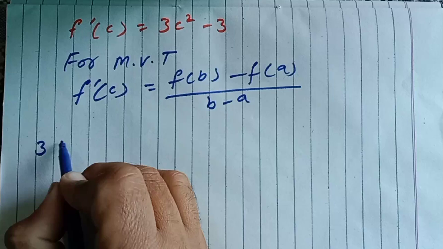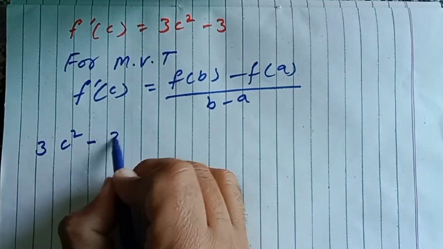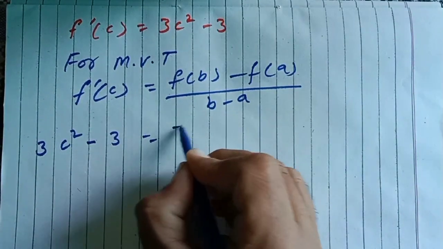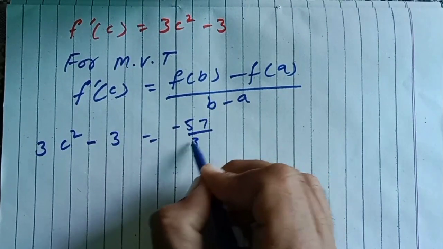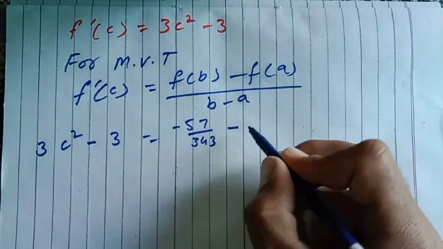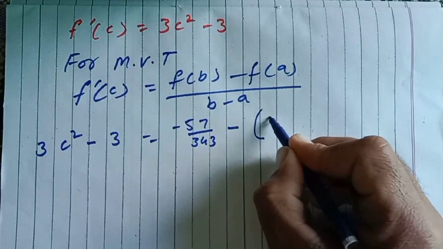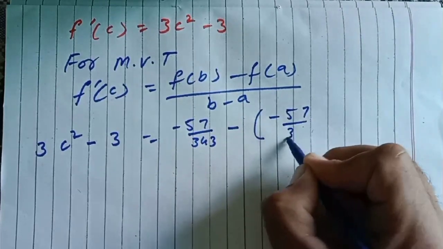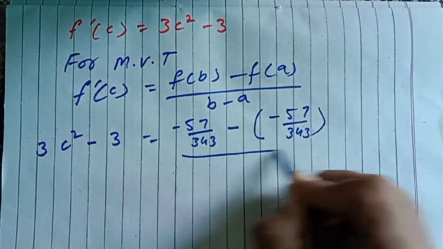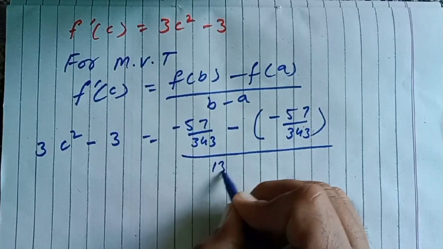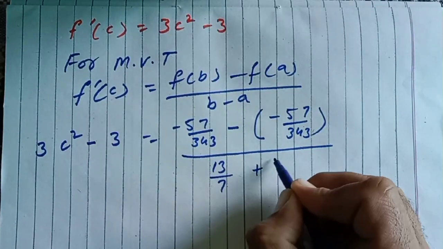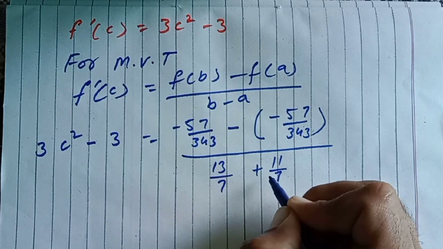Now putting in the values, 3c^2 - 3 is equal to (-57/343 - (-57/343)) over (13/7 + 11/7).